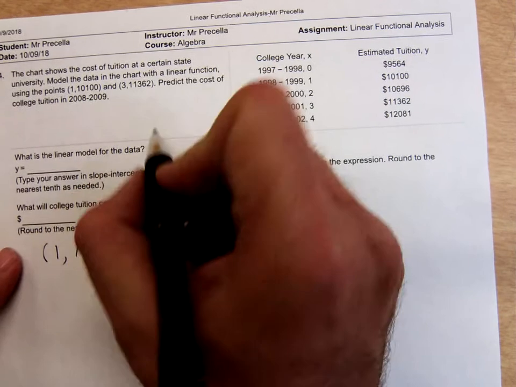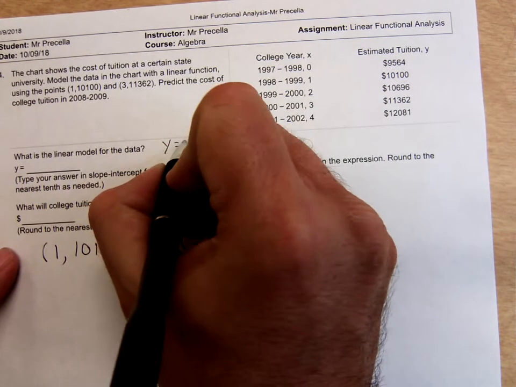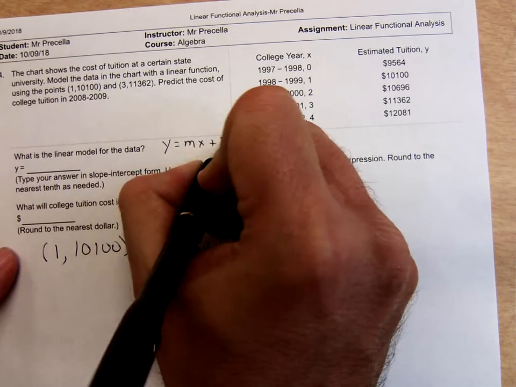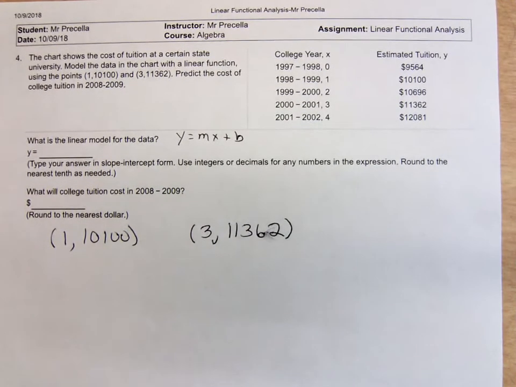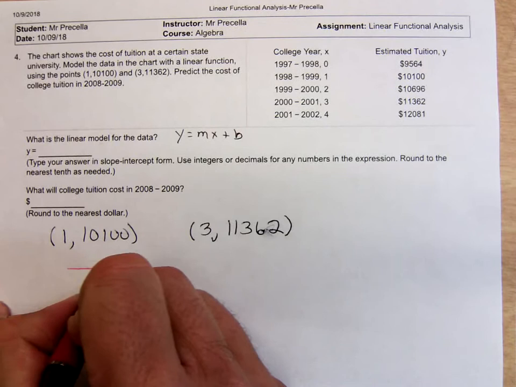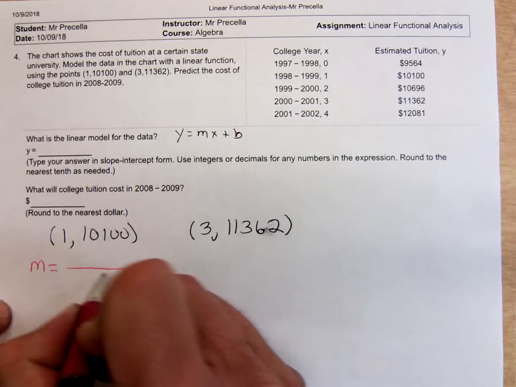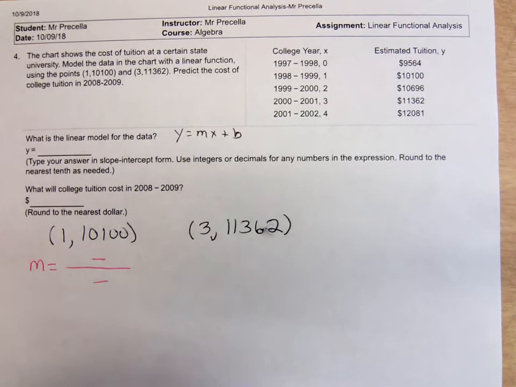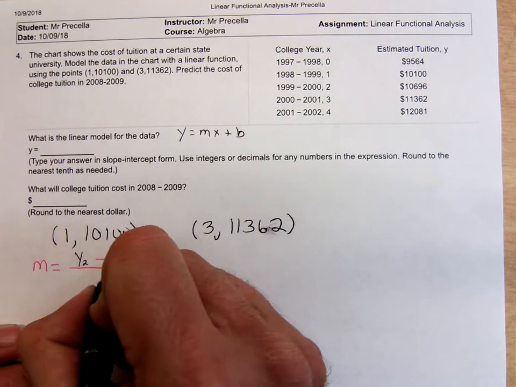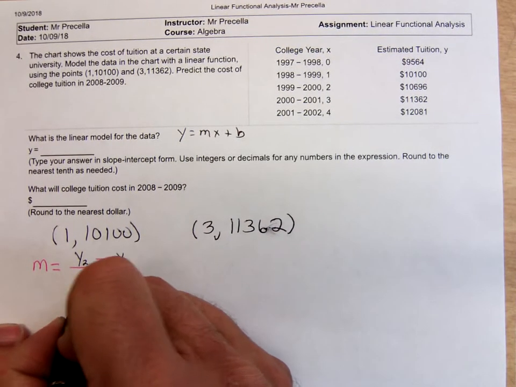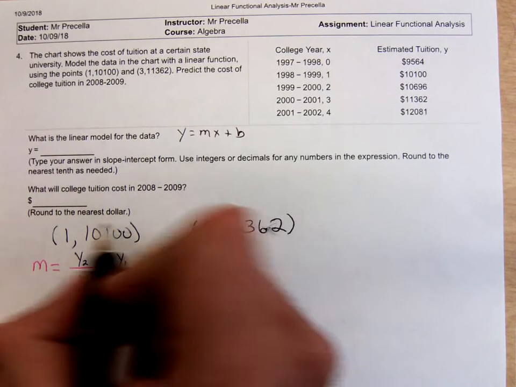If we want our equation to be in the form y equals mx plus b, the slope we find, what's that slope formula? It's y2 minus y1 over x2 minus x1.